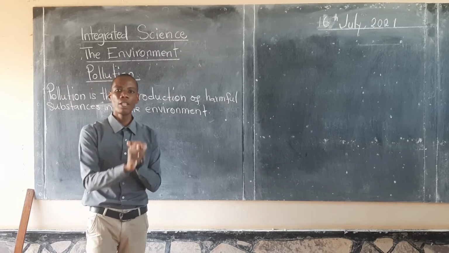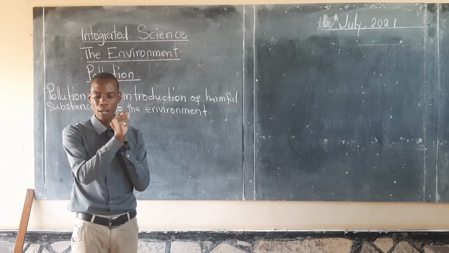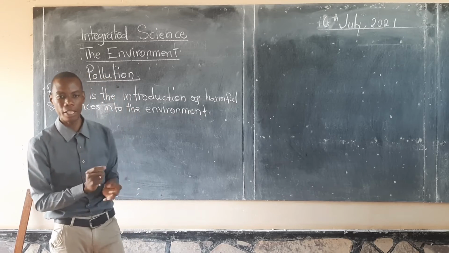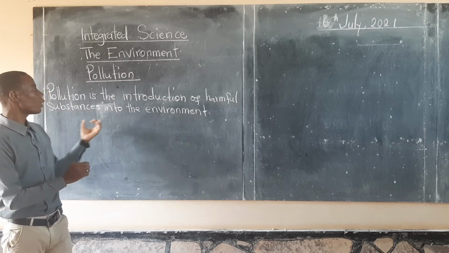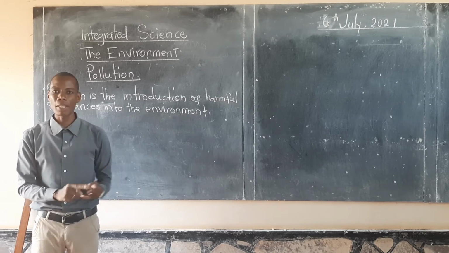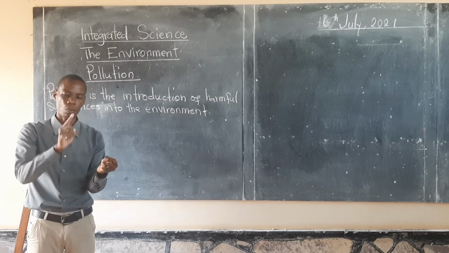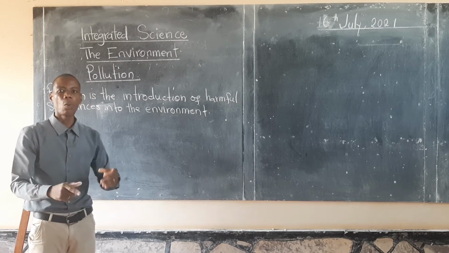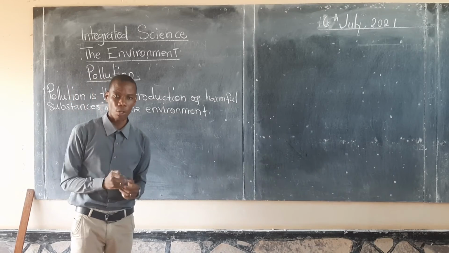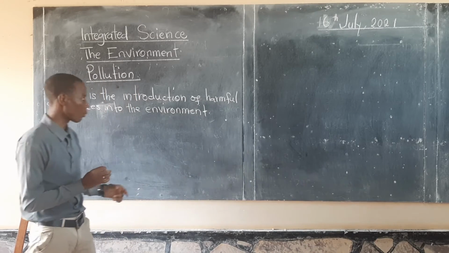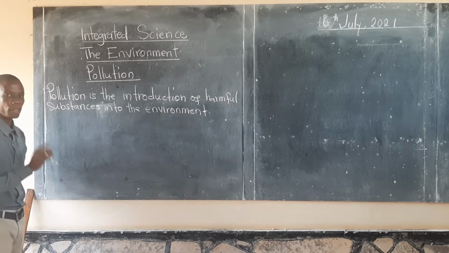It can be soil or land. These are the three kinds of environment that we can talk about. So when you introduce harmful substances into air, into water, and into land, what you are causing is what we are terming as pollution.